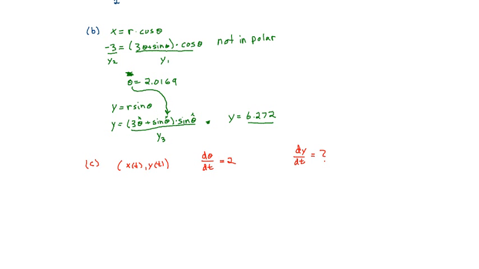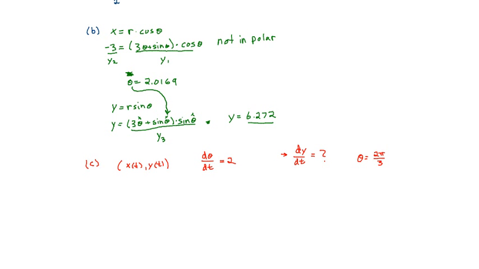So when theta equals 2 pi over 3. And interpret the meaning of your answer in the context of the problem. Alrighty, interesting there. So we need to find dy dt.